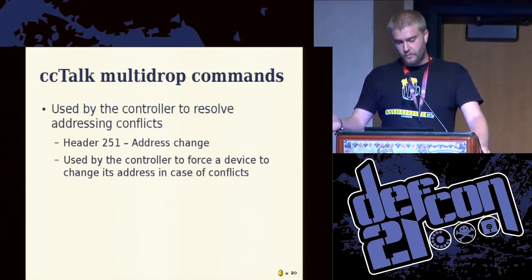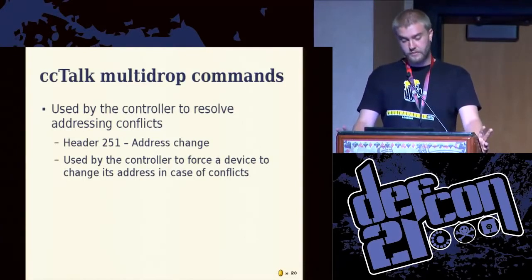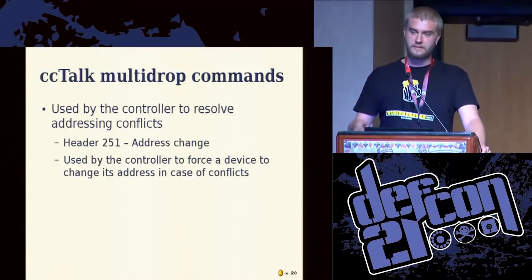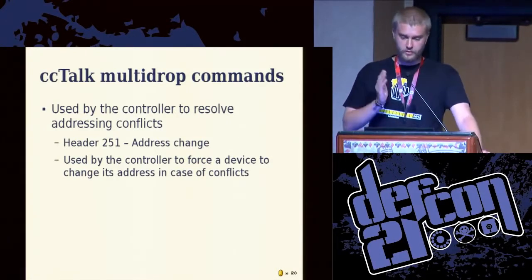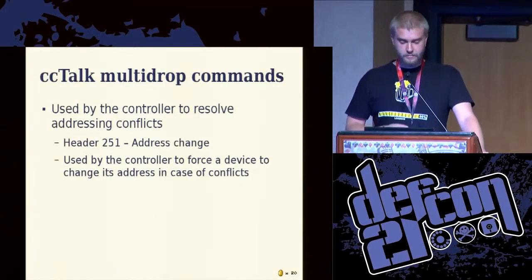Fortunately, somewhere deep in the documentation, we have what are called multi-drop commands, which are normally used by the controller to solve addressing conflicts. Like if you have 2 or 3 coin acceptors, you can set them different addresses. It's simply a command, header 251 address change, and you give as a parameter the new address to the device.